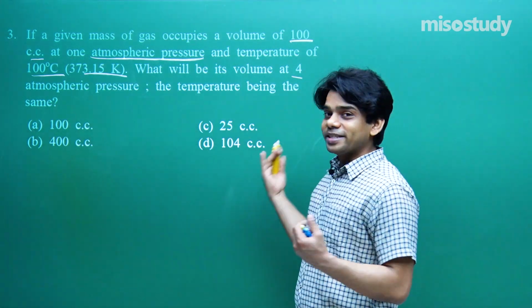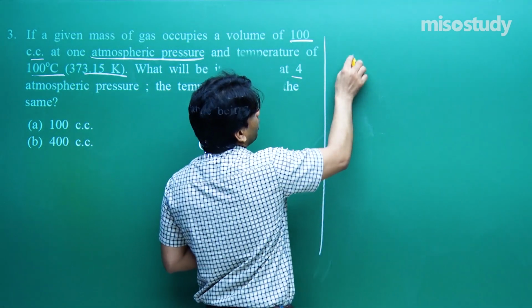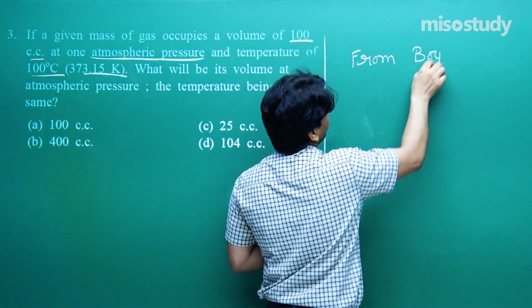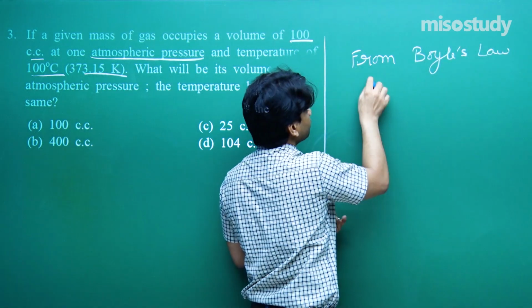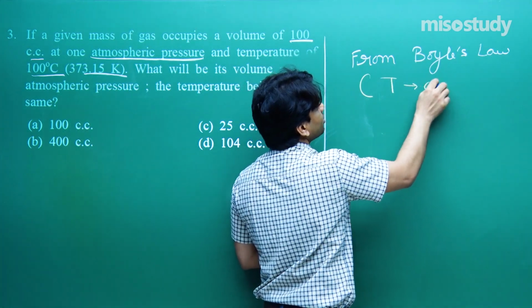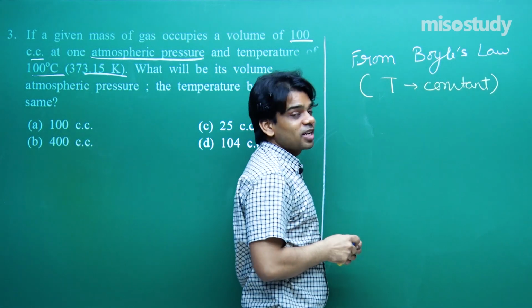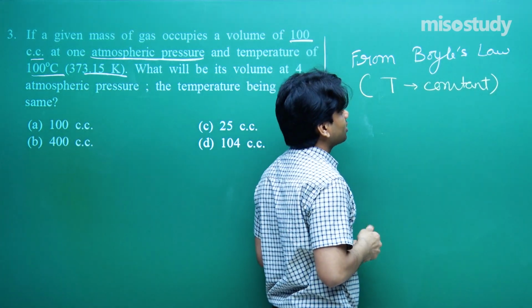So we know from Boyle's law that pressure and volume are inversely proportional, so we can use that the temperature remains constant. If temperature remains constant, what can we apply? We can apply that pressure into volume will remain constant.